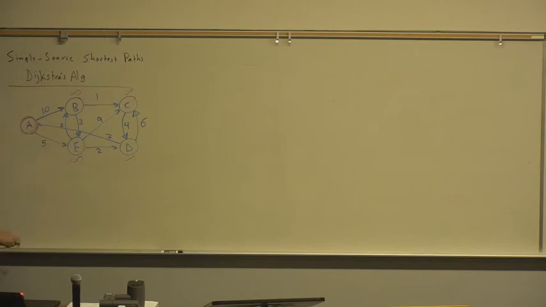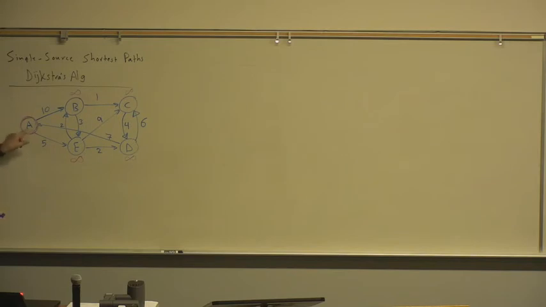Then we look at the neighbors of the source, and among them we'll observe that the weight of the edge from A to E is 5, and the weight of the edge from A to B is 10. From this, we know for sure that this direct one-edge path is the shortest path from A to E. Right? It will be impossible to find a shorter path from A to E.